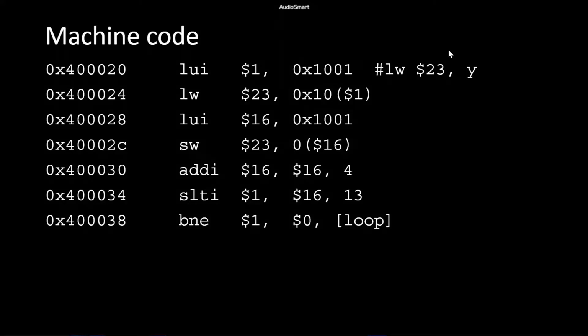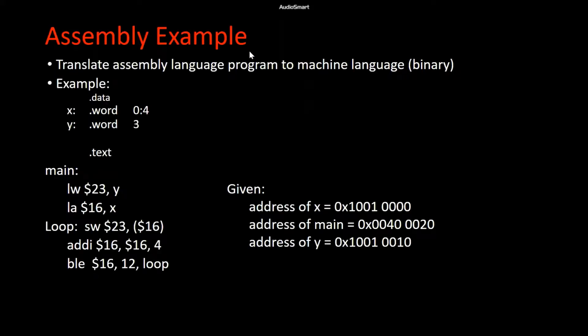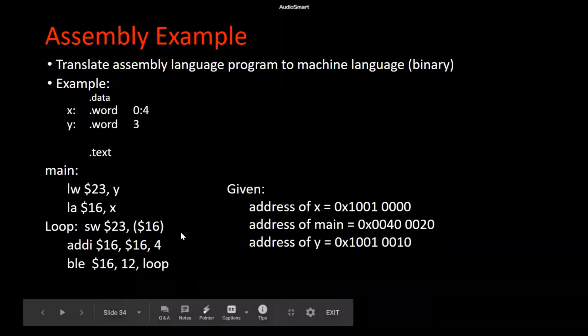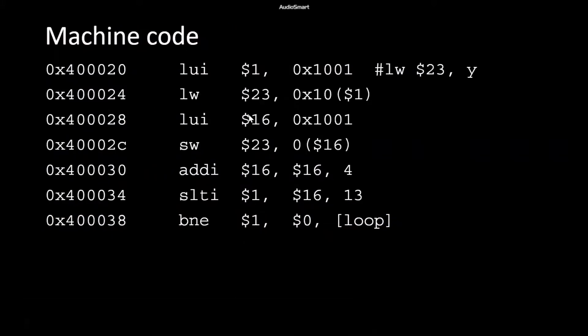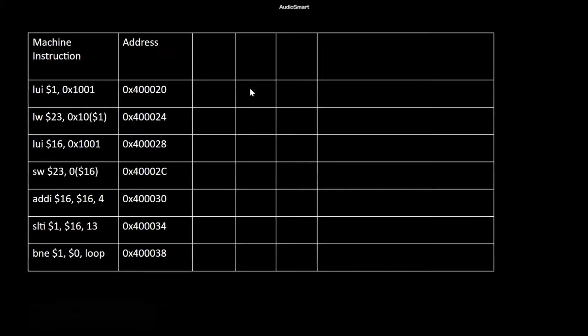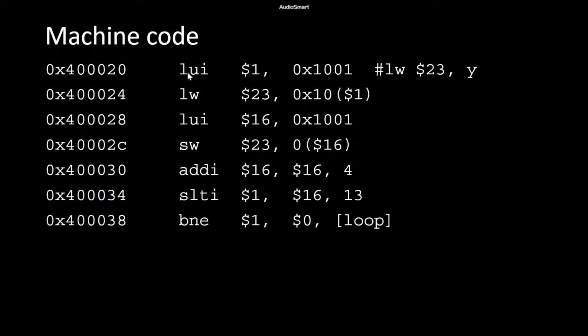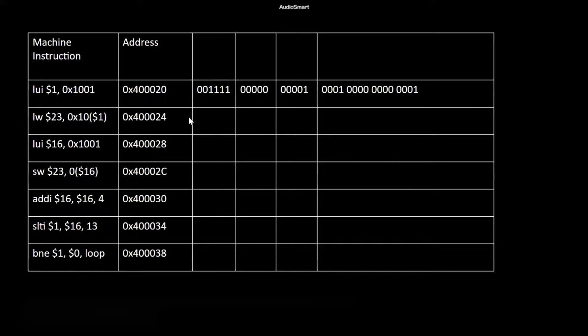So far, we have our assembly code converted to machine code or machine language. So the last step is to actually convert each of these to their binary value. So if you look here, we are seeing that, for example, load upper immediate is going to be this binary value.